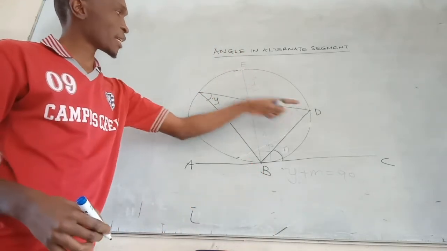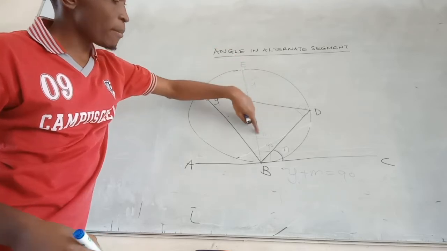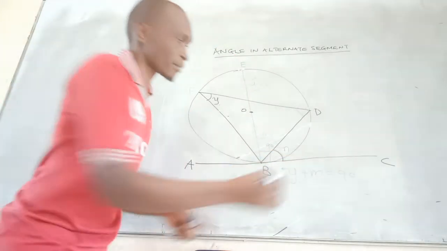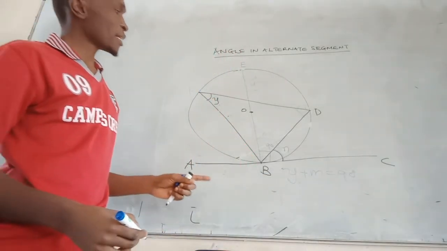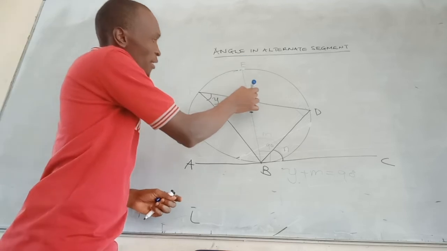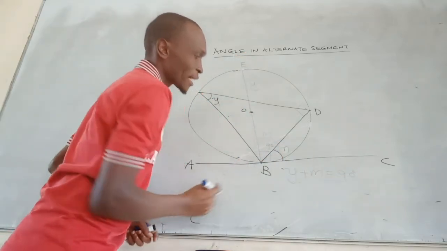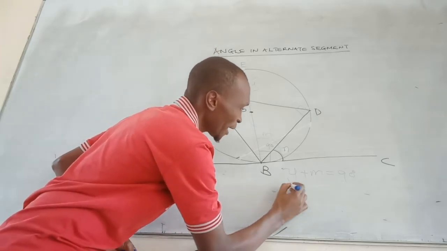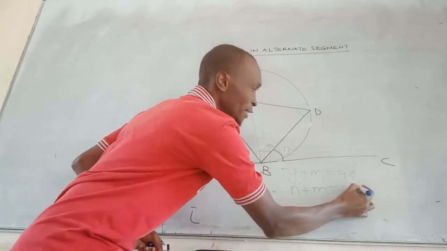Because this is 90 degrees, these two angles, M and Y, their sum is 90 degrees. At the same time, because EBC forms 90 degrees, we can say that N plus M is also equal to 90 degrees.